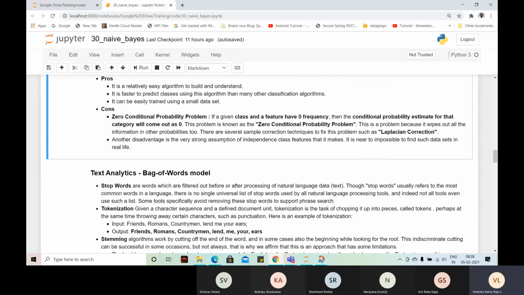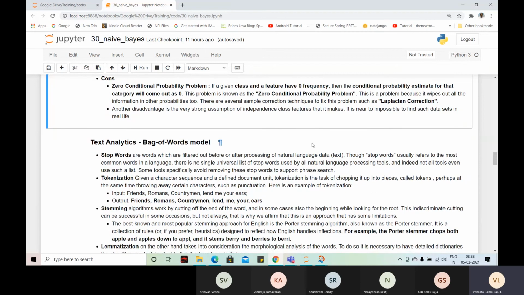Another disadvantage is the very strong assumption of independence. Yeah, it is near to impossible, right? I am saying near to impossible because there will not be any data set with that much independence.